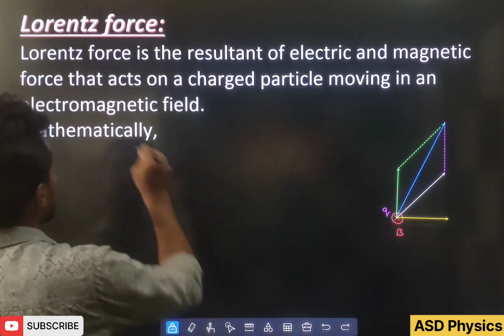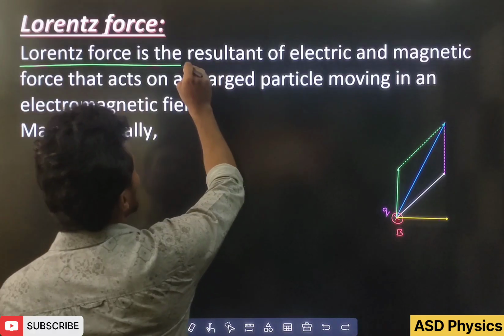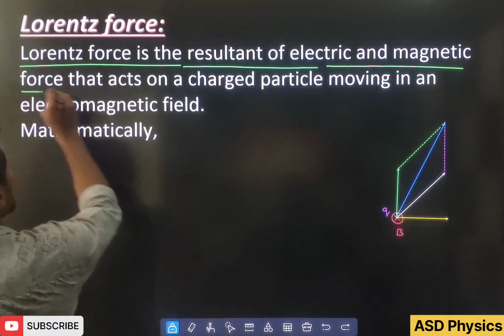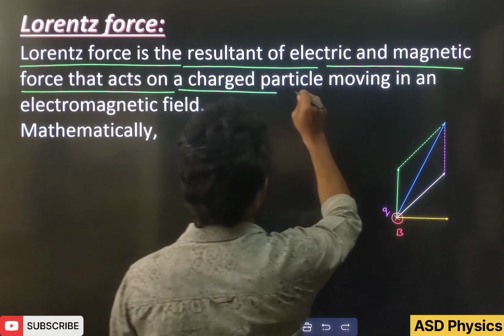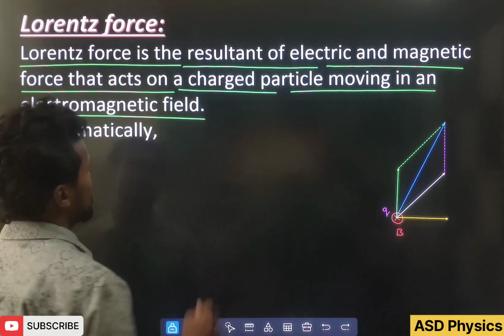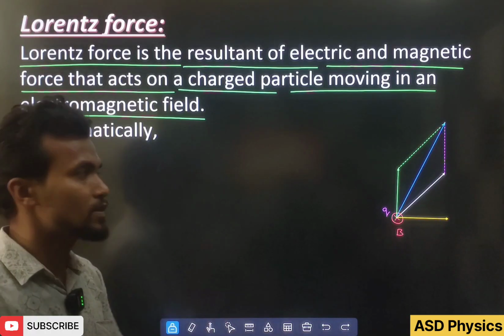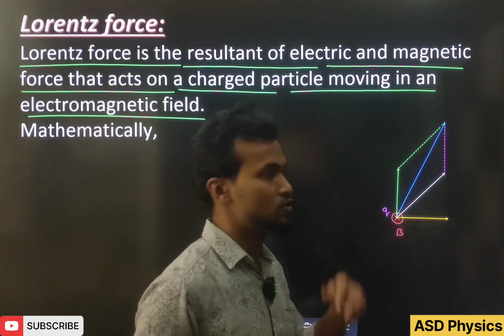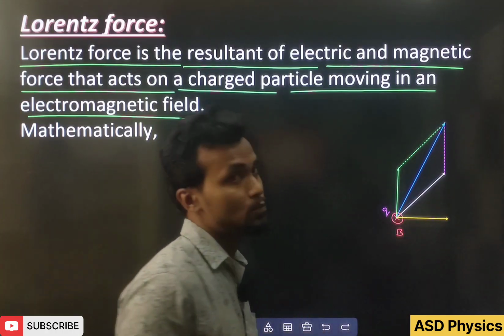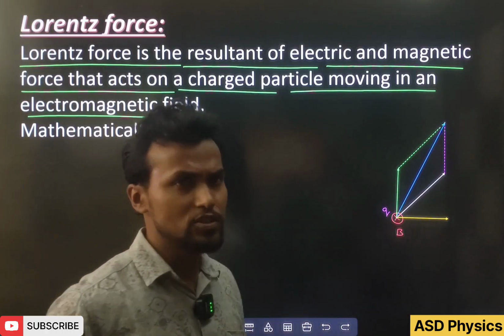Under the Lorentz force, you can see here Lorentz force is the resultant of electric and magnetic force that acts on a charged particle moving in an electromagnetic field. That means electric field is also there, magnetic field is also there. Here I have taken one situation. You can see very well there is one magnetic field inside the board, that means along the negative z direction.